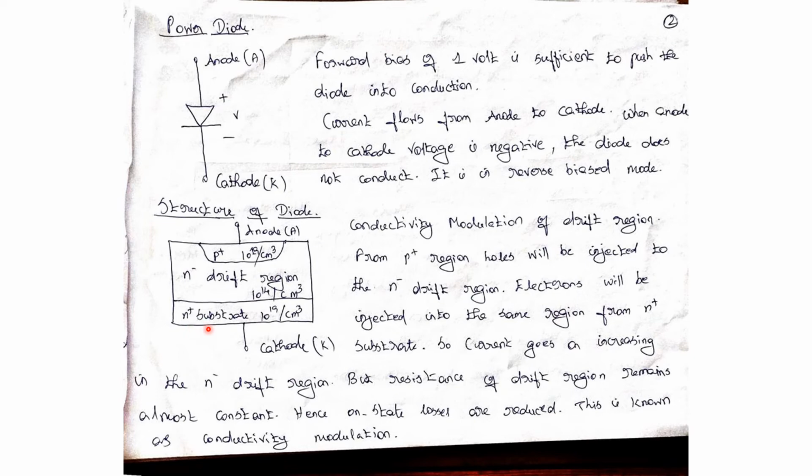I forgot to tell about the doping levels. The doping level of the N plus region is 10 to the power 19 per centimeter cube. The doping level of the N minus drift region is 10 to the power 14 per centimeter cube. The doping level of the P plus region is 10 to the power 19 per centimeter cube.